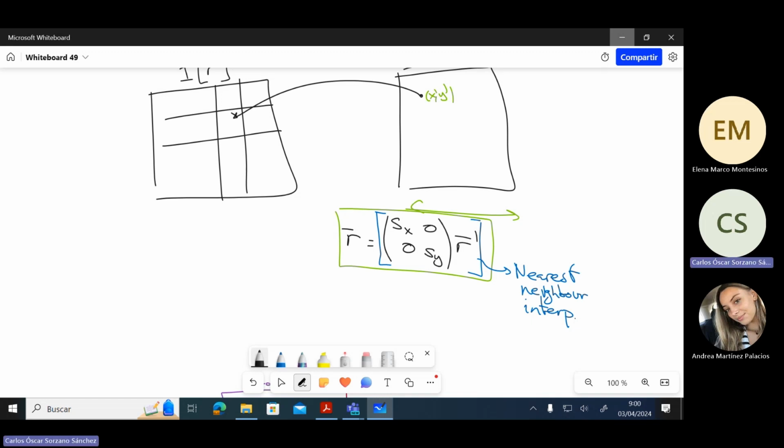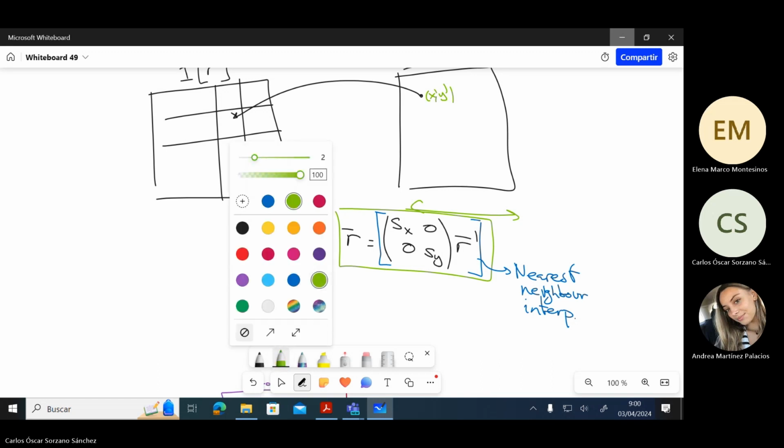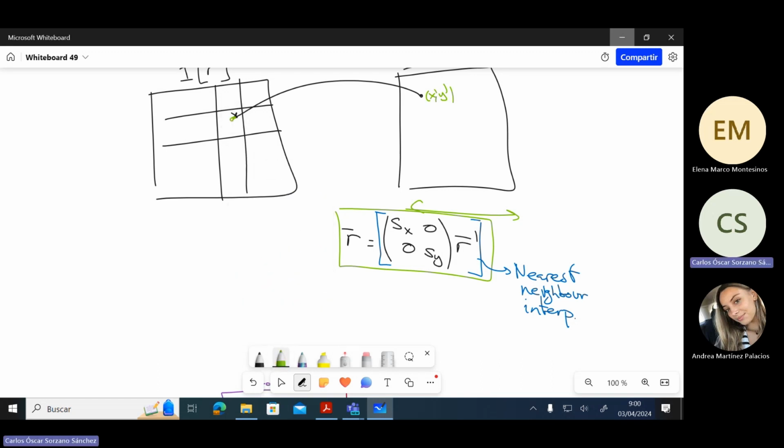So when we make the correspondence, we make this multiplication together, we end up in this location, and then we don't know the image at that location. We know the corners. What we have to do is to round it. So by rounding, you are shifting the coordinate to this location, so that you then know how much is the image at that location. So you do this interpolation, and it is because you are moving to the nearest neighbor, or nearest neighbor interpolation.